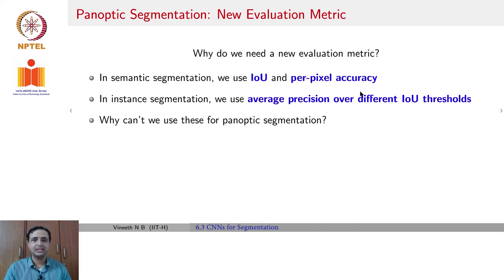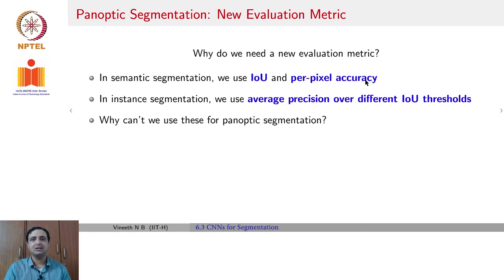If you drew a set of pixels that belong to a particular object, you could try to get the intersection over union with the ground truth of that object. You could also get a per pixel accuracy because you're going to predict probabilities at each pixel level for all the classes that you have. You can also look at that accuracy as a metric.